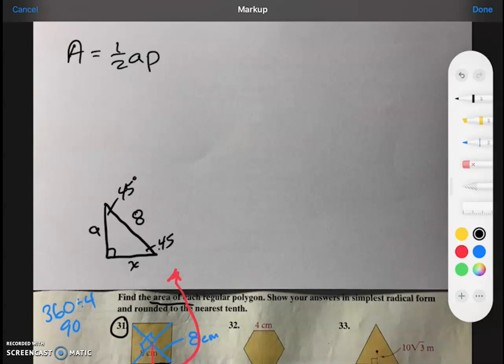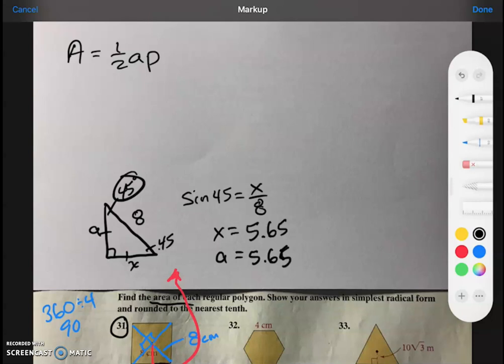You could just simply stand at either 45 and just go sine of 45 is equal to opposite x over 8. And so if I do this in the calculator real quick, you will get x, which is also the apothem, 5.65, so forth. So this is also the apothem because it's an isosceles triangle. So both the apothem and x is 5.65.